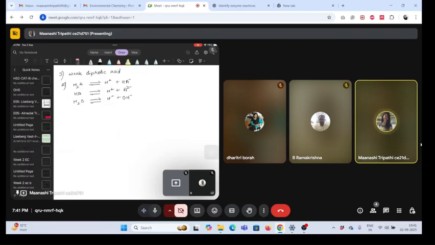So this was the right balanced chemical equation for all the reactions. What was the next step? Equilibrium constant.